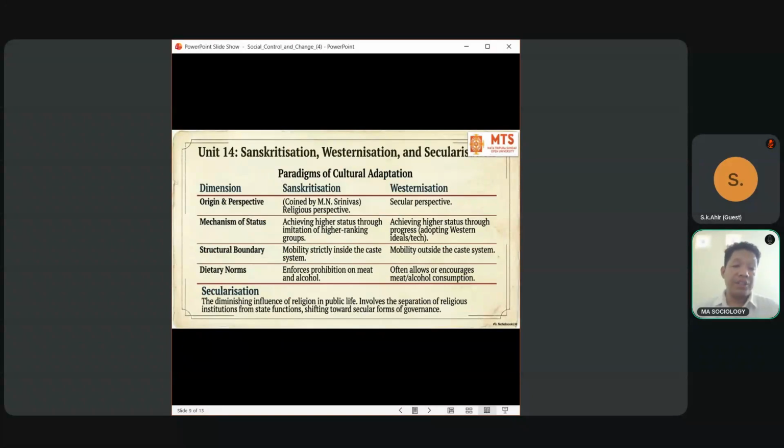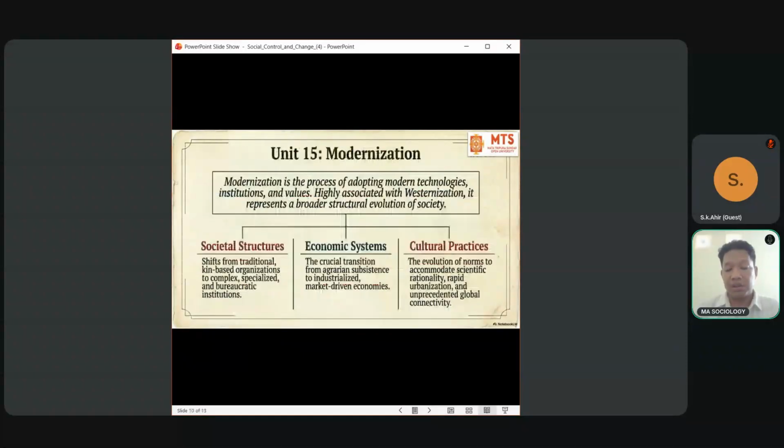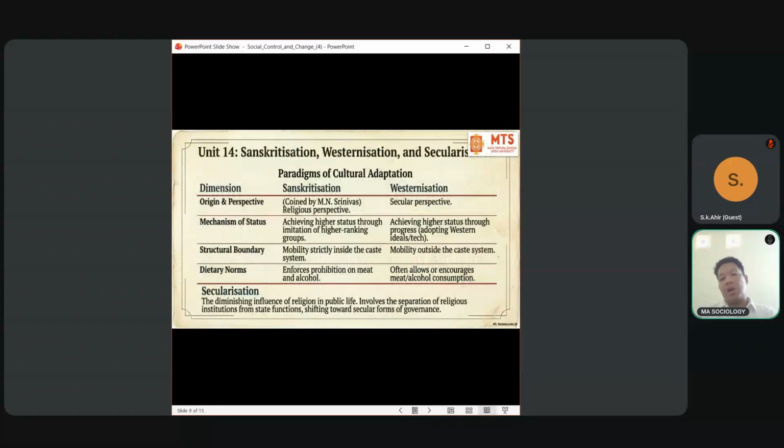Secularization is the diminishing influence of religion in public life. It involves the separation of religious institutions from state functions, shifting towards secular forms of government. It is more or less about state regulation, the norms, the laws and the formal legal practices regulated by the state.